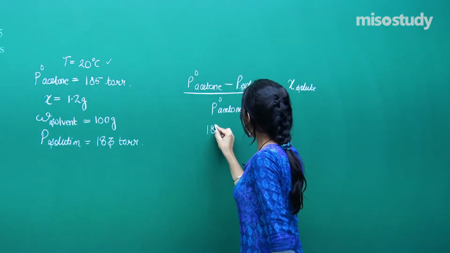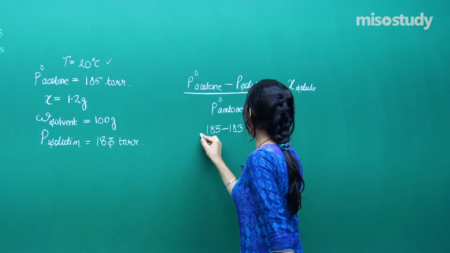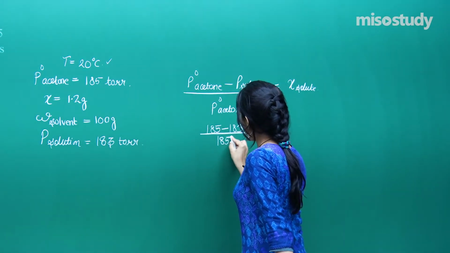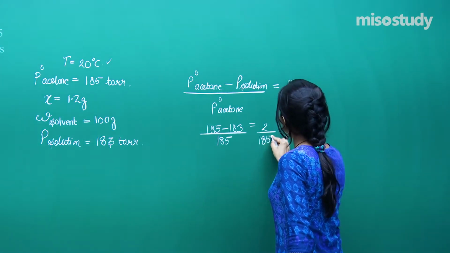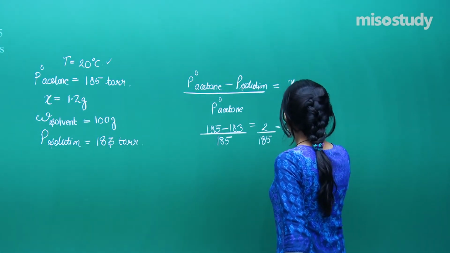So this is 185 minus 183 by 185, which is equal to 2 divided by 185, and this is the mole fraction of solute.